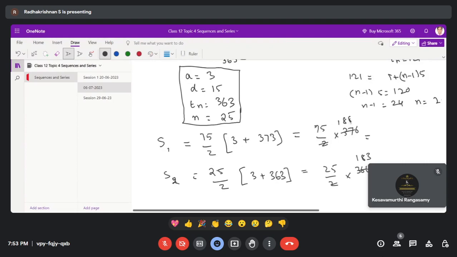Now 75 into 188. So you do it as 3/4 of 100, right? Into 188 is 47 into 3, which is 141. So 14100.